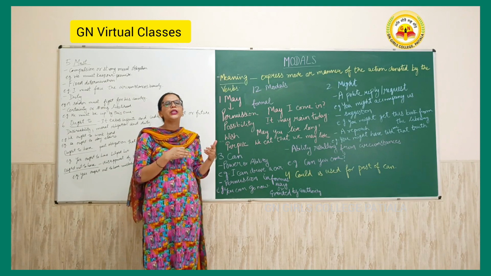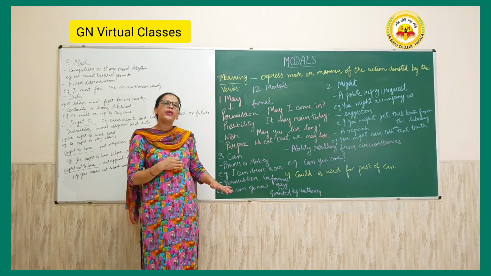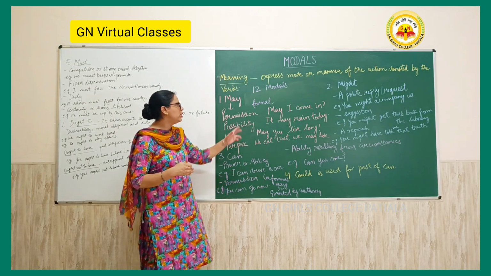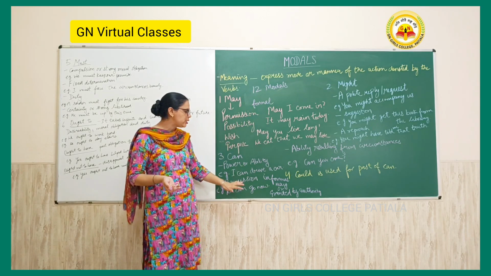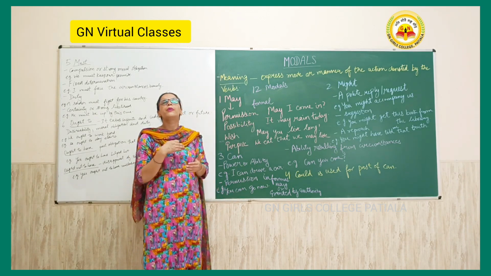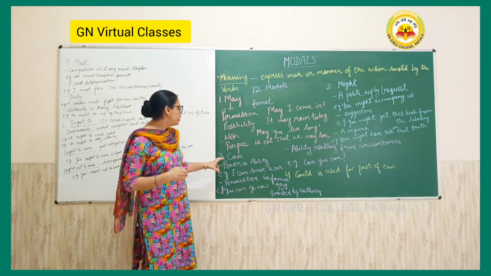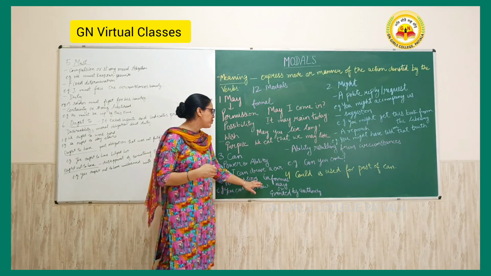When the higher authority permits, then the higher authority says you can go now. So that is the difference. This is the formal permission you are asking from the higher authority, and this is the informal permission, or the permission is granted by the higher authority. So can is used for power or ability or permission.